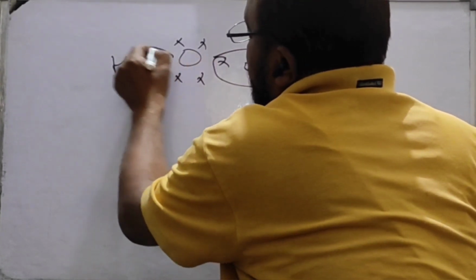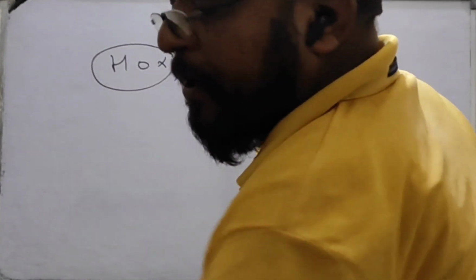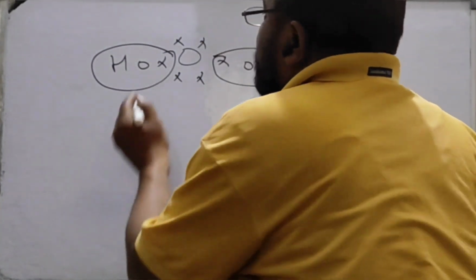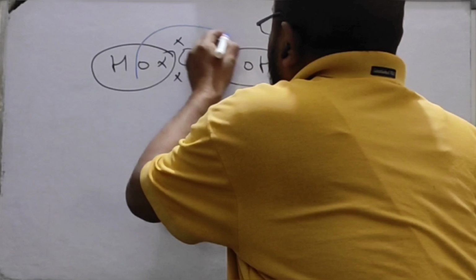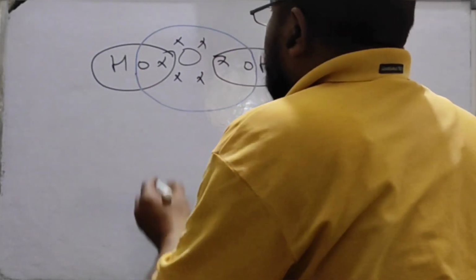This is a water molecule. Hydrogen takes one electron and completes its duplet, each hydrogen atom one, and oxygen takes one electron from both the hydrogen atoms and becomes stable.